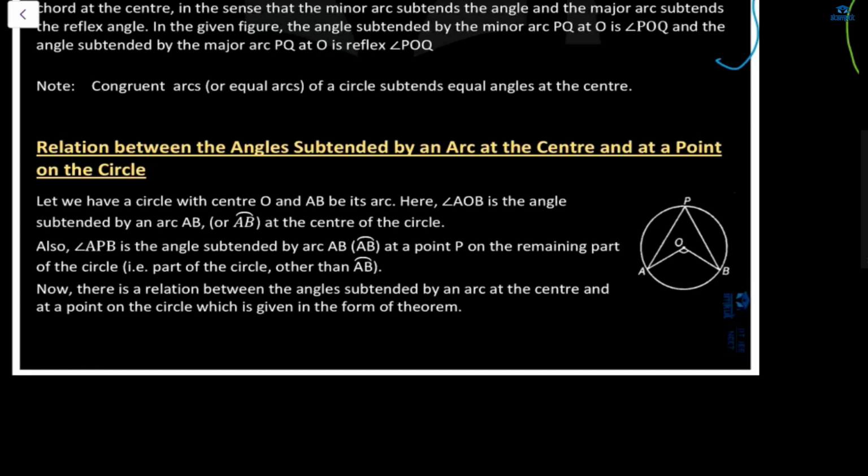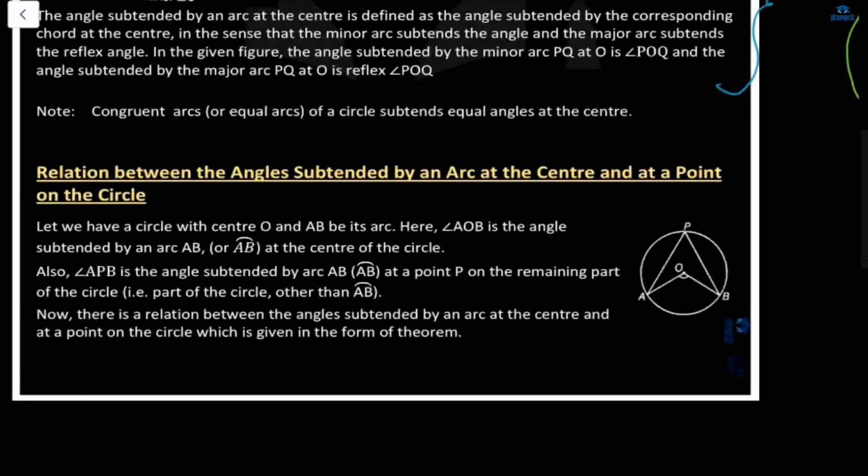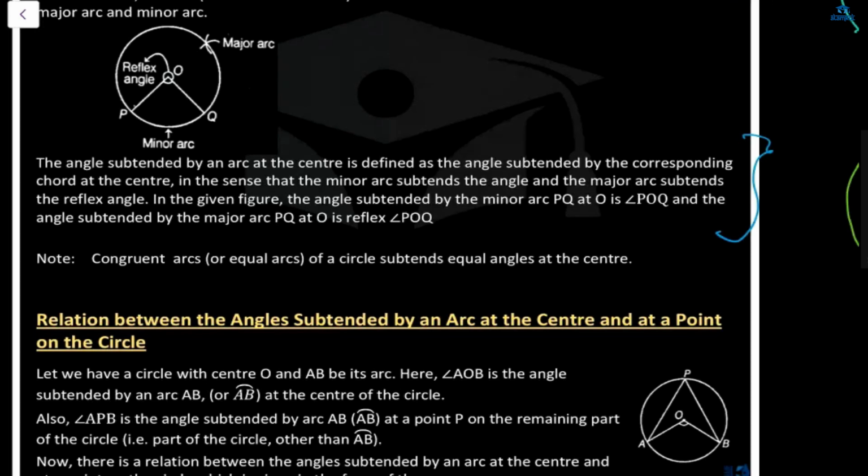Now, if you're asking what is the angle subtended by the arc at the center, that is the angle subtended by the corresponding chord of the circle. Like in this figure, the angle subtended by arc PQ is the angle subtended by chord PQ at the center. This will be the angle subtended at the center.